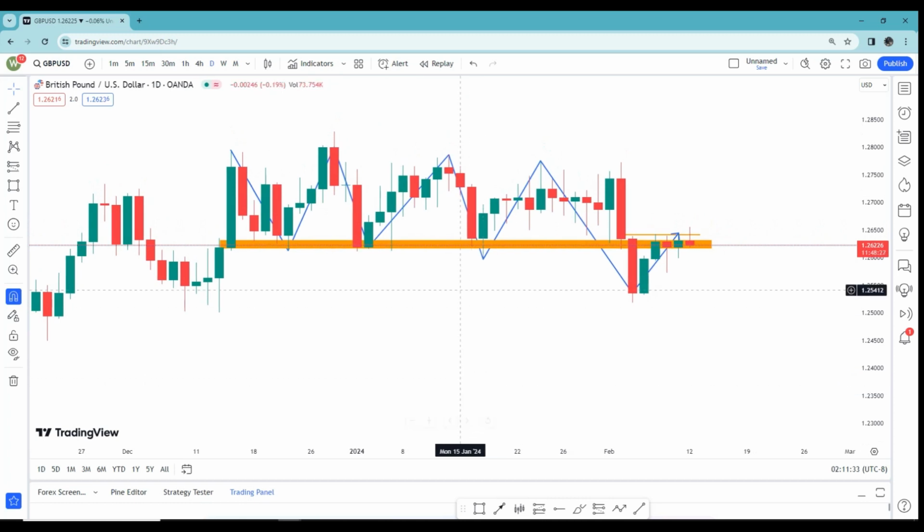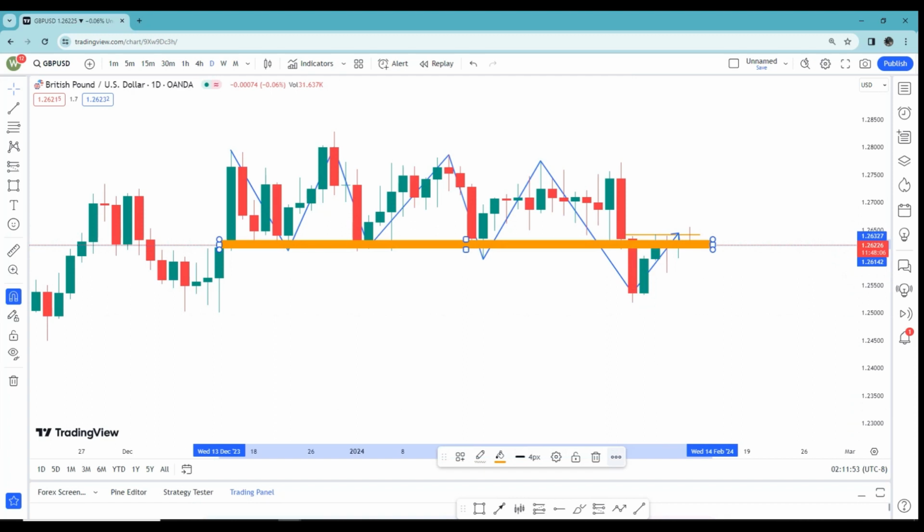As you can see here, this is the zone strategy which we have right here. We're going to have another one here, because after the market broke this zone right here, it went to this point, where we got another zone.